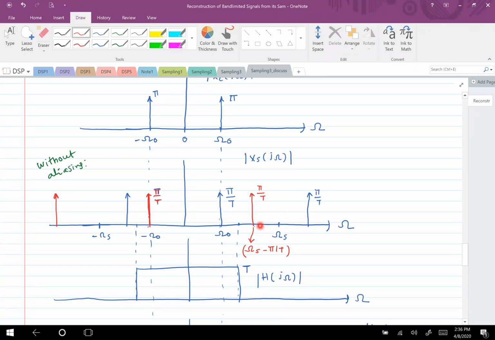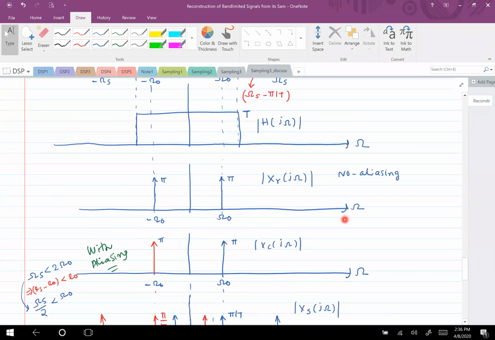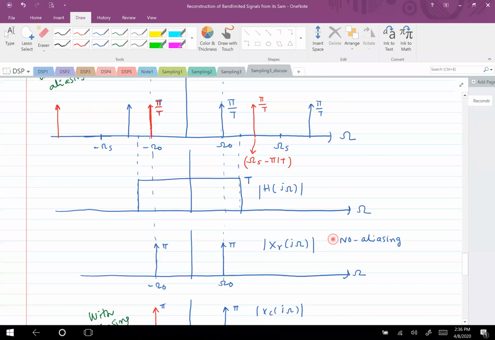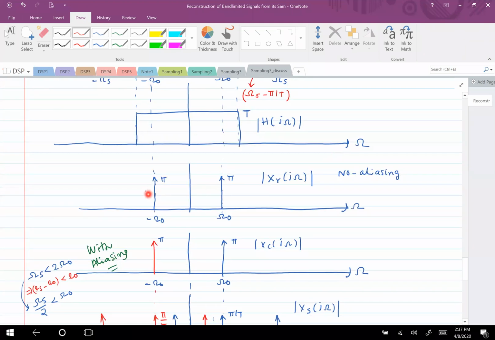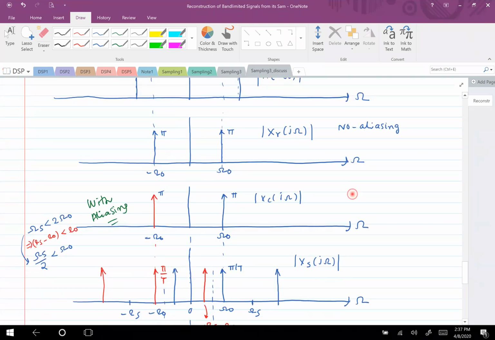So this being omega naught, this being omega naught, this gap being more than 2 omega naught, you will have omega s by 2 somewhere in between here, correct? So that you multiply with T. So of course, in that case, you will get back your signal xr of j omega here, right? That's the case here. I was drawing with red. I should have drawn this also with red, but anyway, that's not a problem.